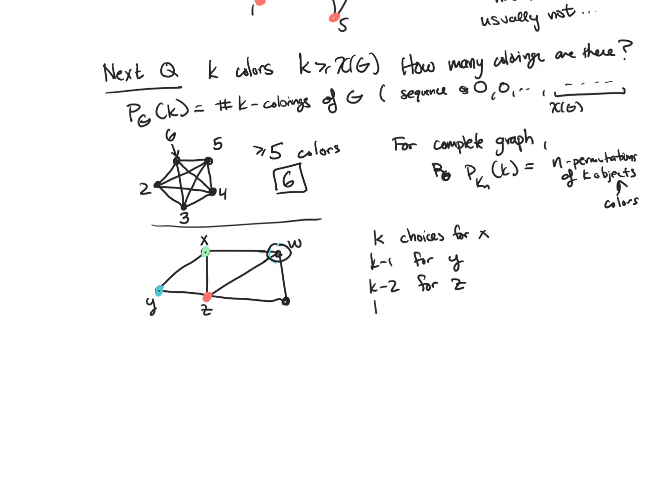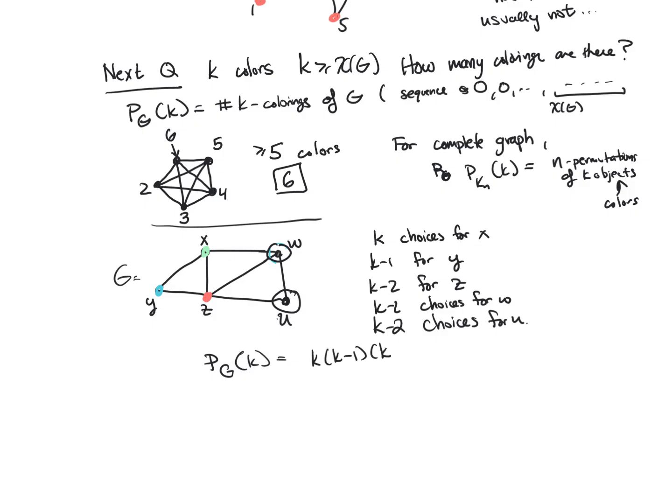So let me call this W. I get k minus 2 choices for W. And once I've made the choice of Z and W, running out of letters, U, I have k minus 2 choices for U. So in other words, for this graph G, once I've exceeded the chromatic number, which is 3, P_G(k) is k times (k minus 1) times (k minus 2) cubed.